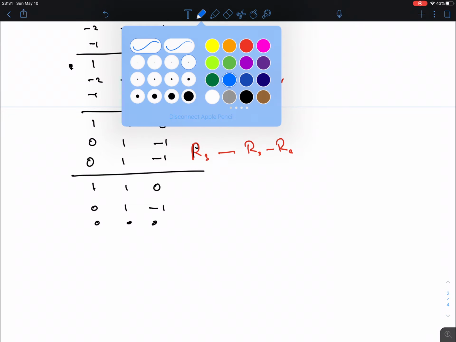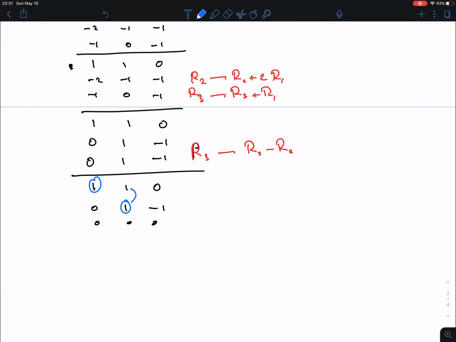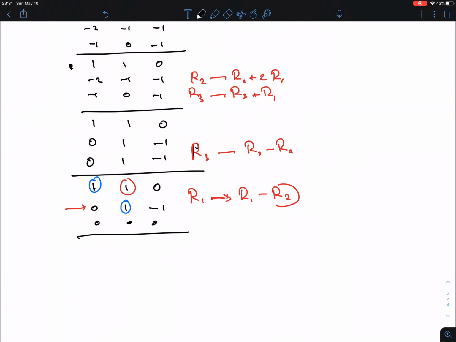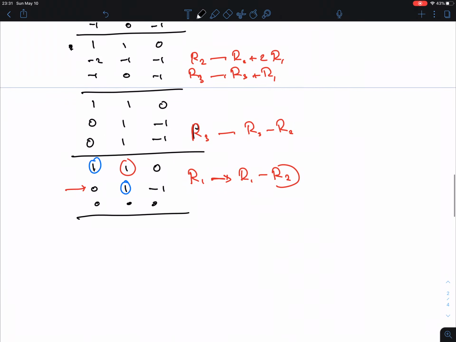Now I have my pivots, but again, this one here has to go. So we have to do row 1 minus row 2. I'm using row 2 because that's the pivot that I'm going to use. So I'm multiplying this with negative 1 and add up.